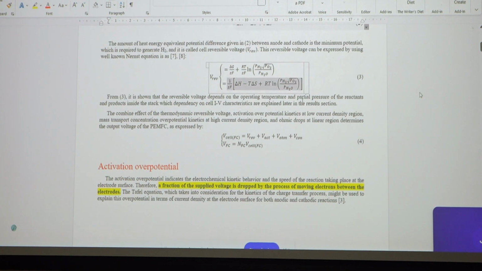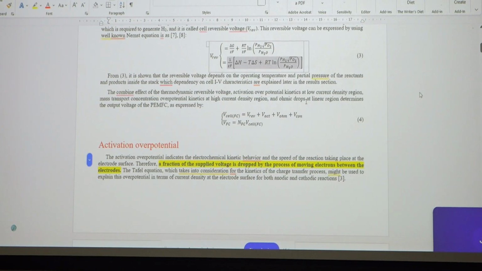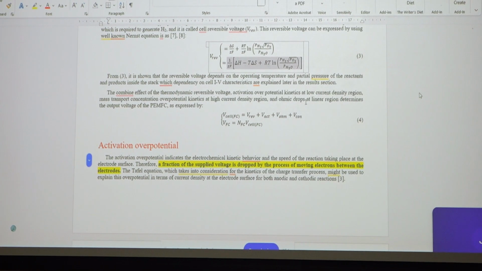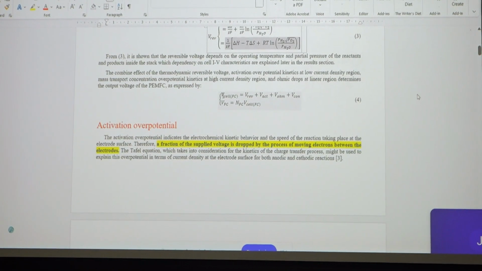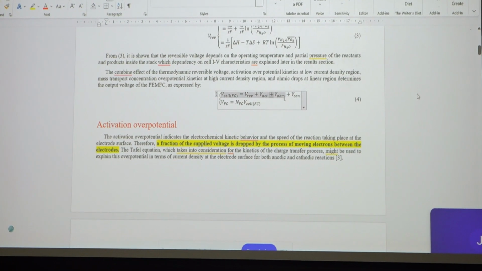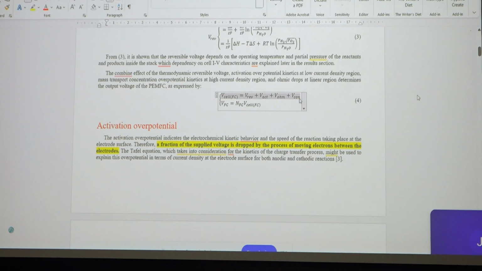And then there are some other voltage drops in the fuel cells. These are called activation overpotential voltage drop, ohmic voltage drop, and concentration voltage drop, or mass transport overpotential drop. So the cell voltage across the fuel cell can be defined by these equations.